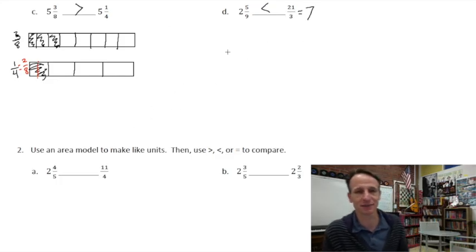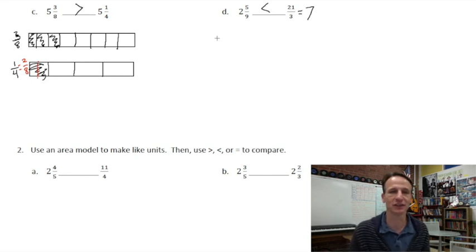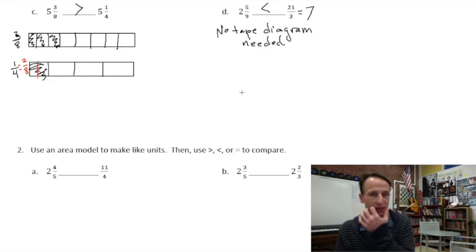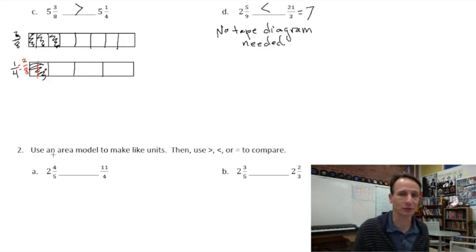I'm not drawing a tape diagram. You could do this and maybe your teacher will accept it. It's like, no tape diagram needed. I mean, like, we know 7 is greater than 2. All right, come on, we're not going to play silly.